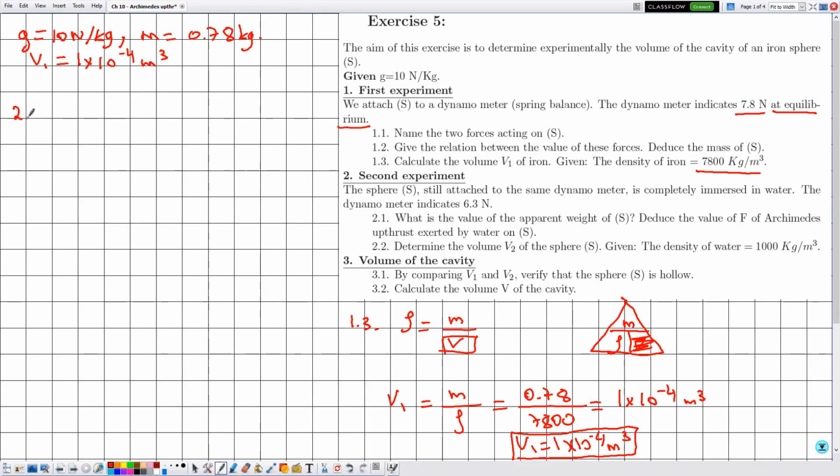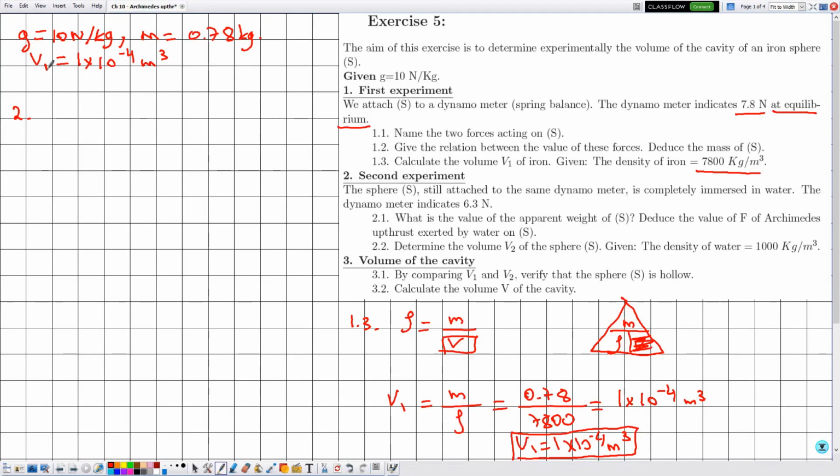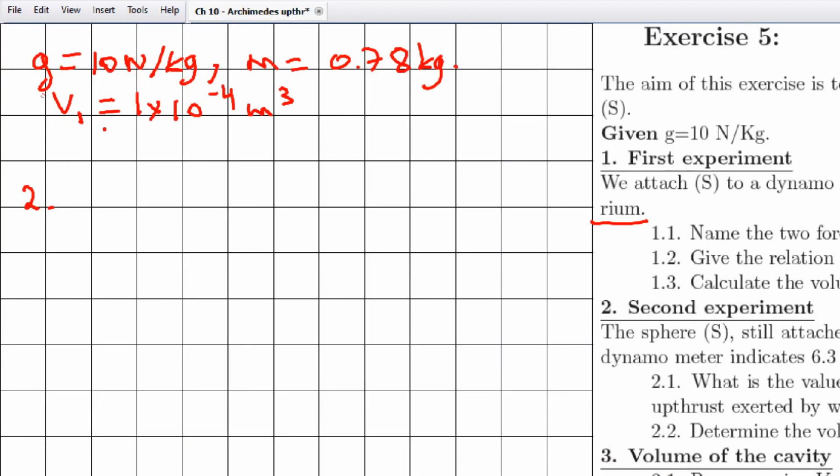Now number 2, second experiment. Before we continue, let me explain what this volume V1 represents. Notice that we calculated this volume using the formula density is equal to mass over volume. So this V1 is coming from this formula. So what does this volume represent?